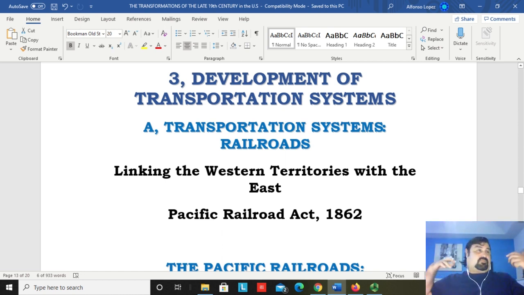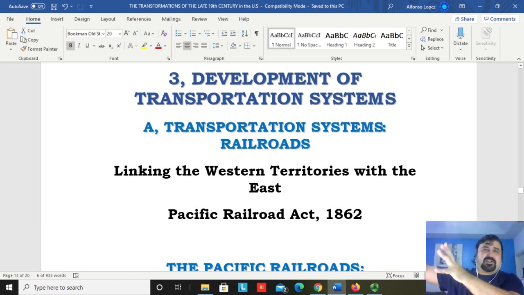Because indeed, you can move millions of people there, you can start enterprises, but you need a transportation system that is efficient, that is effective, that is industrial based as well, that is going to allow all the products and resources generated or extracted from the West to be shipped to the factories, to the manufacturing plants located in the eastern part of the country.